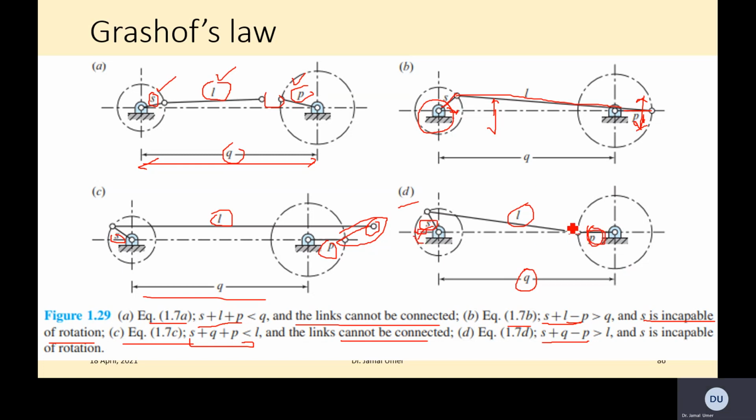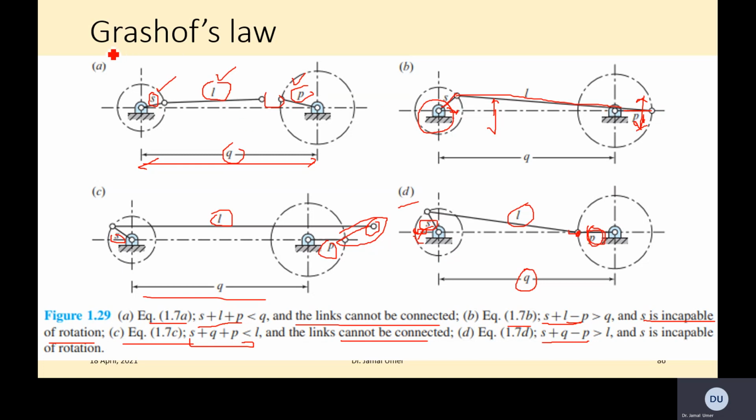In a normal operation, this point should be here when this one is over here. If they are not in one line, what does it mean? You want to move this one here, but it cannot move because the length is short. So that's why this is another combination which is not capable of having any rotation.